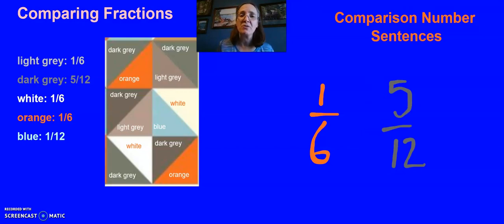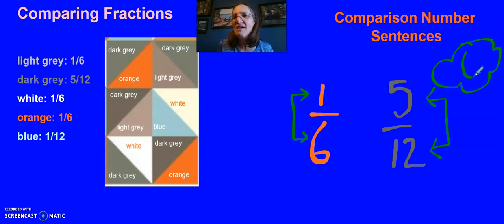Well, one thing I might notice is that the relationship between the numerator of these sixths, 1, and 6, they're pretty far apart from each other, aren't they? Whereas if I compare 5 with 12, I know that half of 12 would be 6. So 5 is pretty close to half.